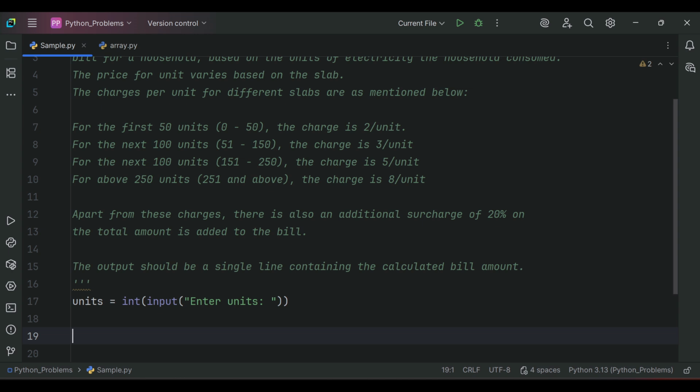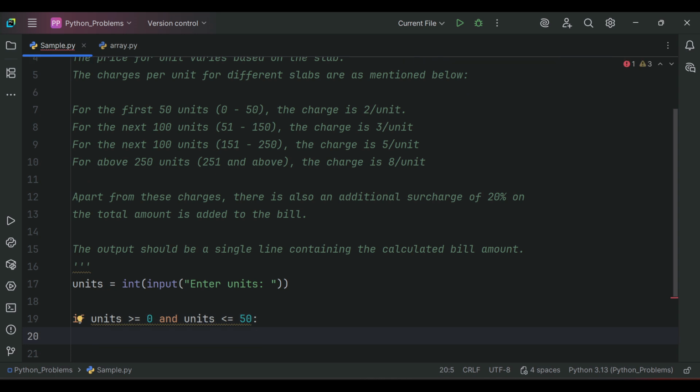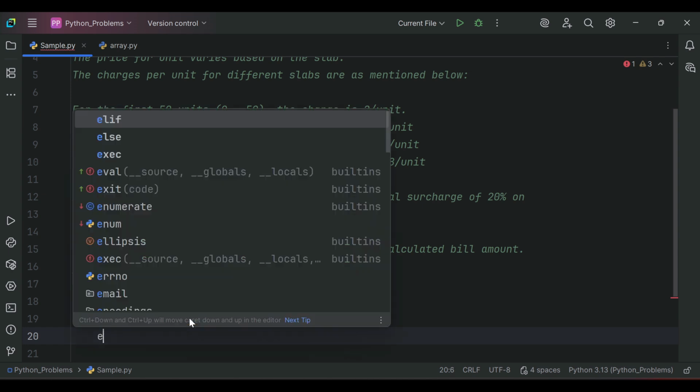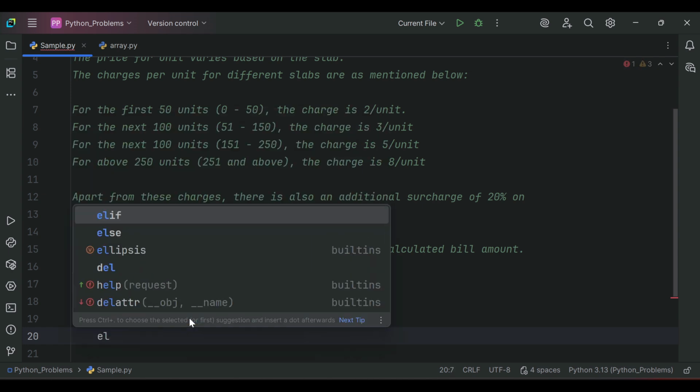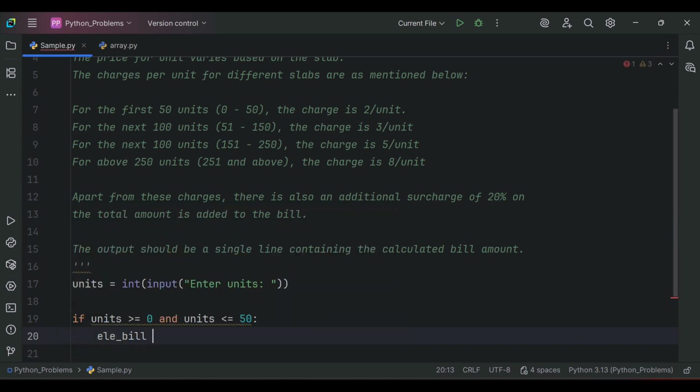Suppose the units are below 50, that means if units is greater than or equal to 0 and units is less than or equal to 50, at that time the electricity bill is units into the charge per unit.